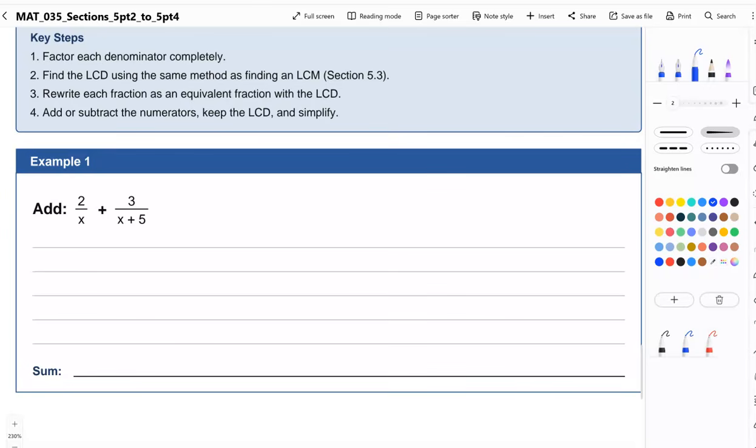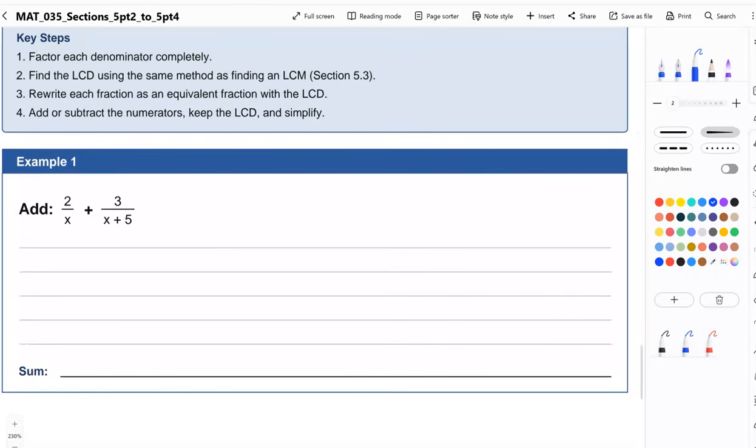Okay, in the next example, we have 2 over x plus 3 over x plus 5. So notice we do not have the same denominator. So we're going to think about that least common multiple. I have x and I have x plus 5. And remember we talked about the neighbors competing with their garages and their equipment from Lowe's.